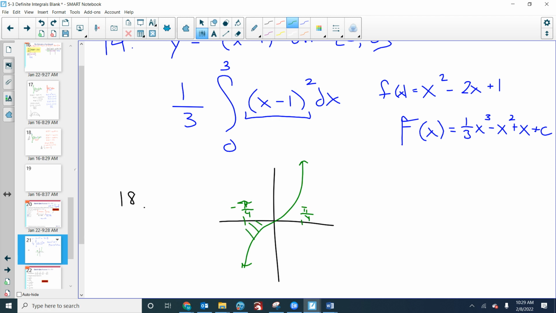What do you notice about the areas? They cancel because of the symmetry, the odd symmetry of the graph. Make sense? So you really didn't need to do any work there. You could have said 0. And in last night's homework, yeah, there was one antiderivative problem. You're going to see more on today's assignment as we completely talk about how to find area with antiderivatives and a couple different examples.